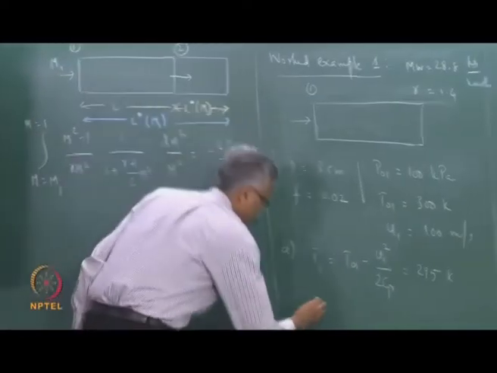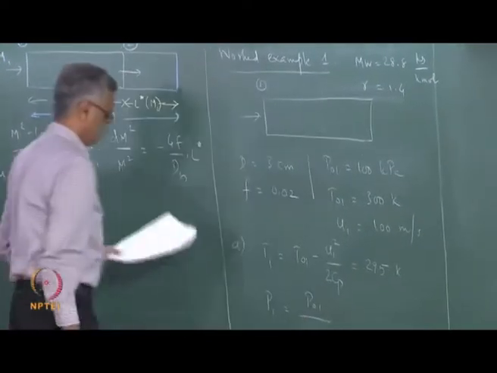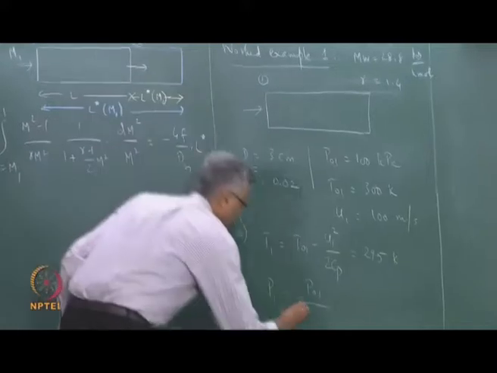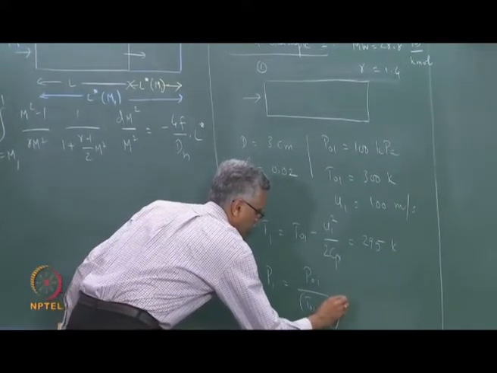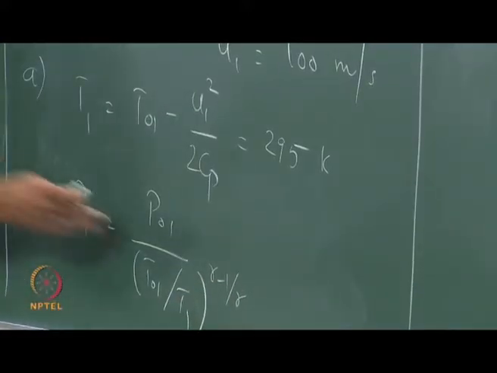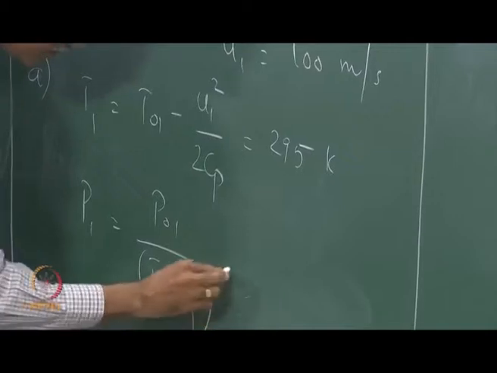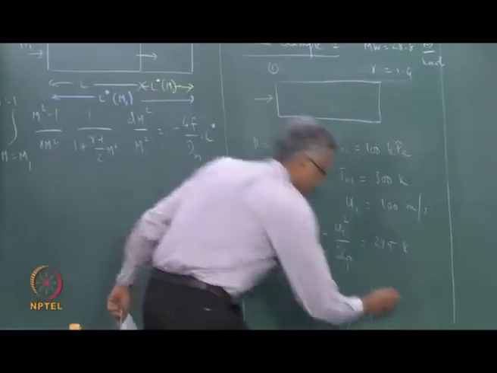And the static pressure P1 is nothing but P01 divided by T01 divided by T1 raised to the power gamma over gamma minus 1. And so, the static pressure comes out to be 94 kilopascal.